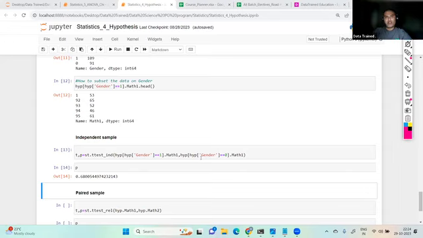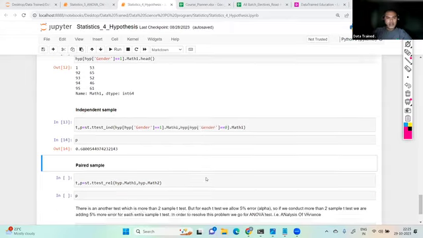You have time, so please revise everything. You have all the live recorded videos there. Keep checking and revise. All right, anyway, that is independent sample.